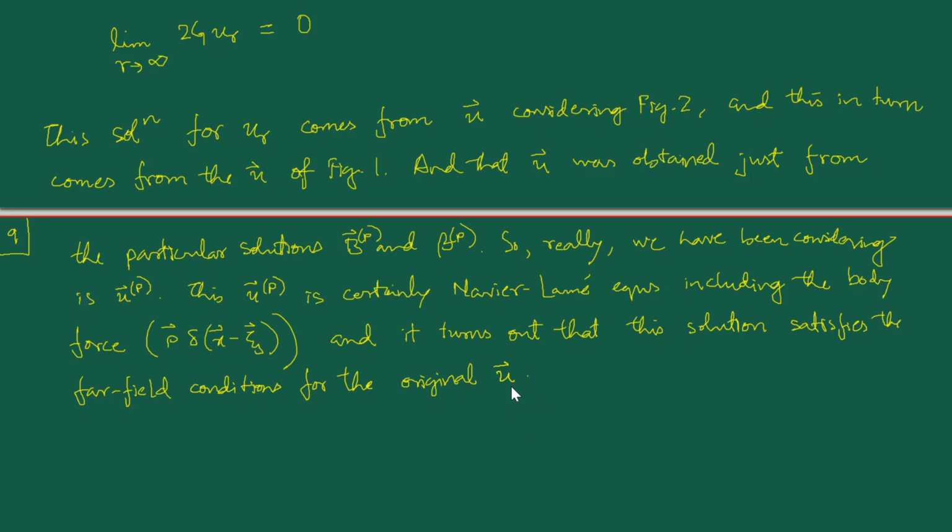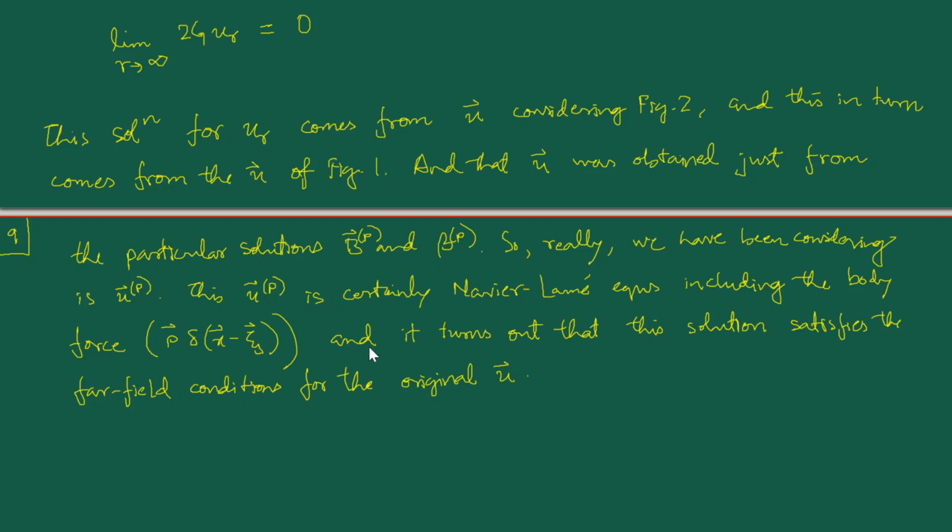Okay, so this original U was supposed to satisfy the Navier-Lamy equations, and it was supposed to satisfy these far field conditions, and it turns out that the particular solution that we are obtaining is also doing the same thing. So again, I'm repeating, the original U that we desired to find out, that was supposed to satisfy the Navier-Lamy equations, including the body forces, is certainly being satisfied by the particular solution itself.